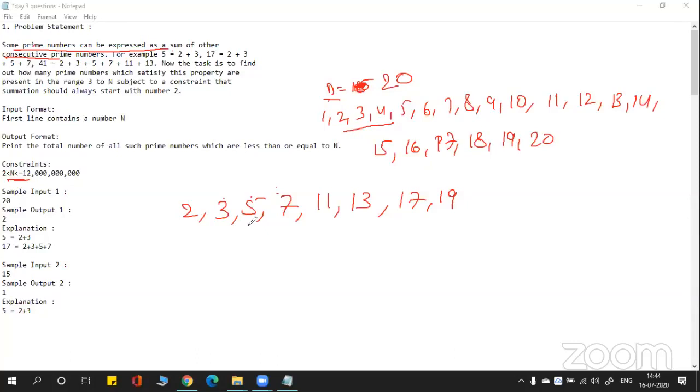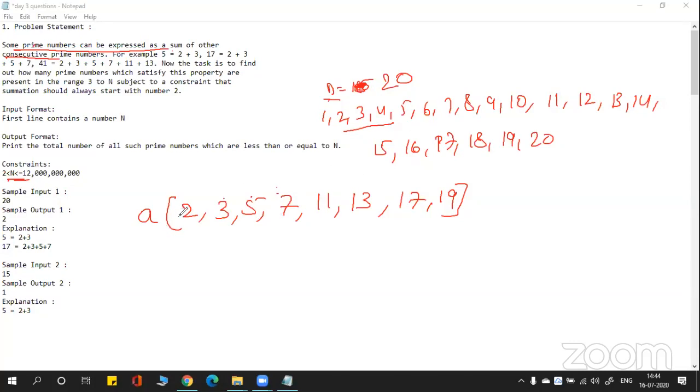Yes. Okay, fine. What we'll do, we'll take one array. In that array, we'll store all the prime numbers. This we can easily do. Then tell me, after that, what can we do? I'll be taking all the prime numbers, whatever may be the n value.